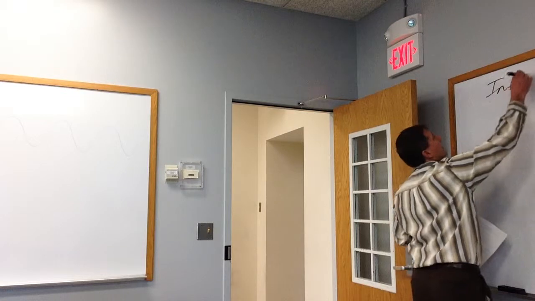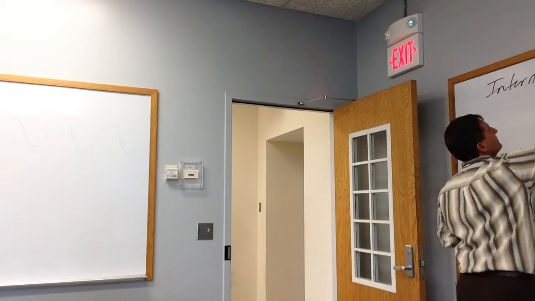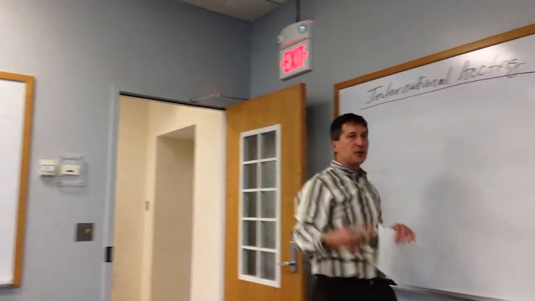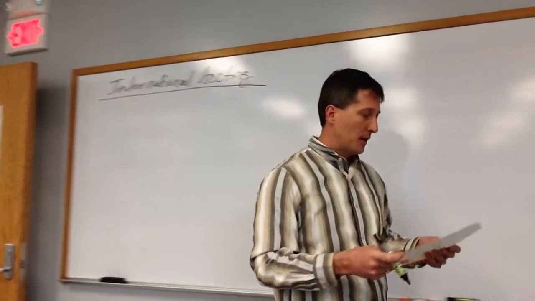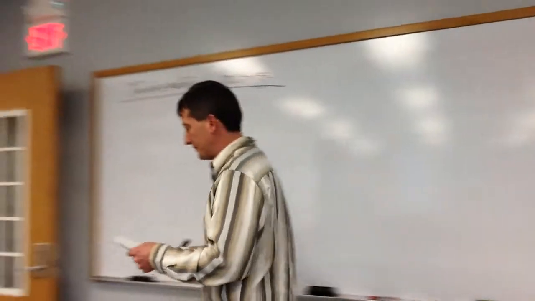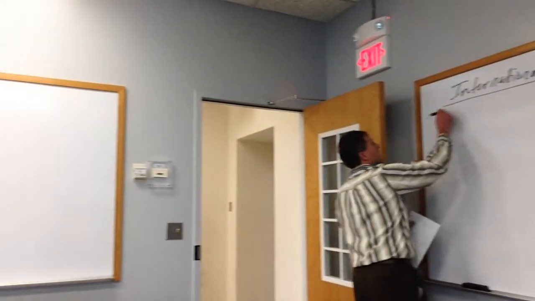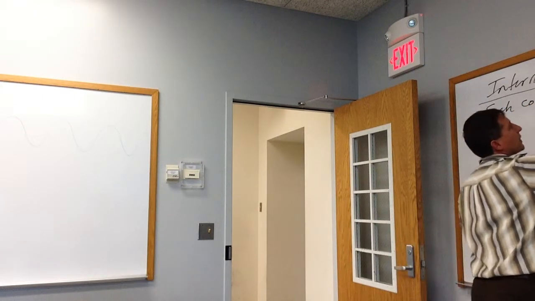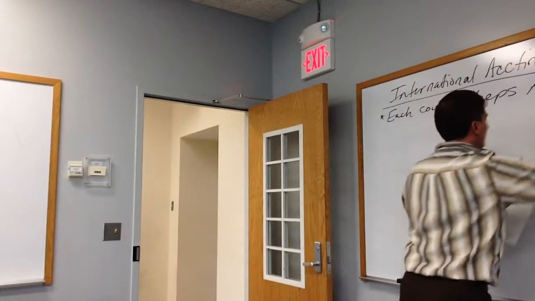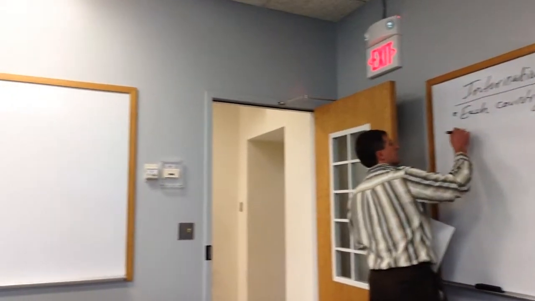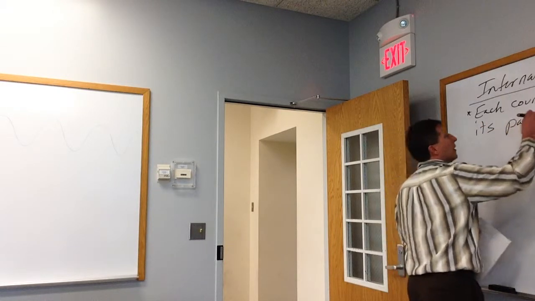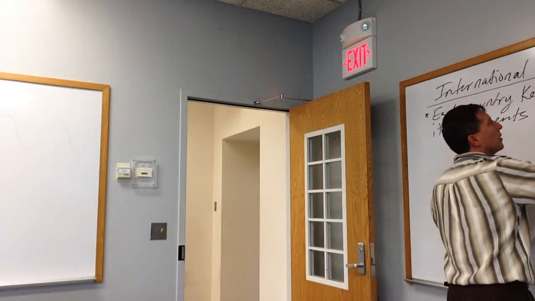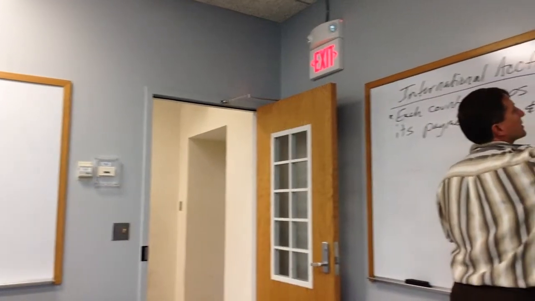So we've got some international accounting. And it's more or less each country keeping track of the flows across their border. And so each country keeps track of its payments of all kinds, payments to and from other countries.